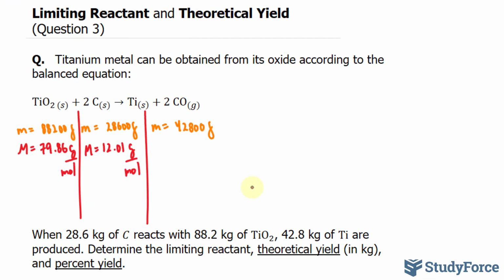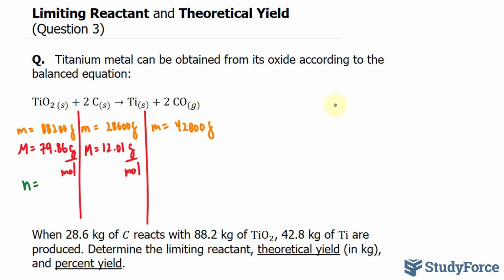The reason why I found the molar mass of both of these is because with this, I can find out the number of moles, which I'll represent by the letter N. Finding the number of moles is important because that will help us determine the limiting reactant. And by knowing the limiting reactant, we can figure out the correct number of moles of titanium. So how do we go from mass and molar mass to moles? Well, what you do is you take your mass value and you multiply it by the flipped version of your molar mass.